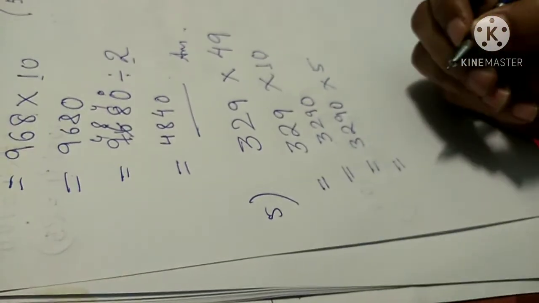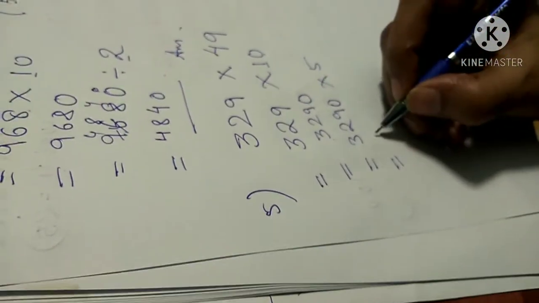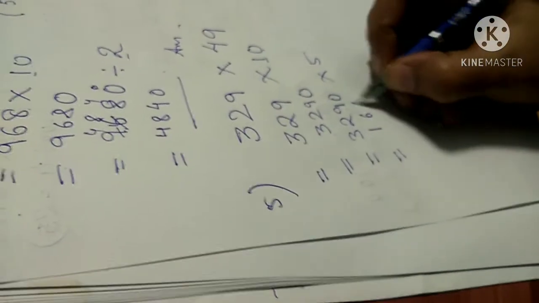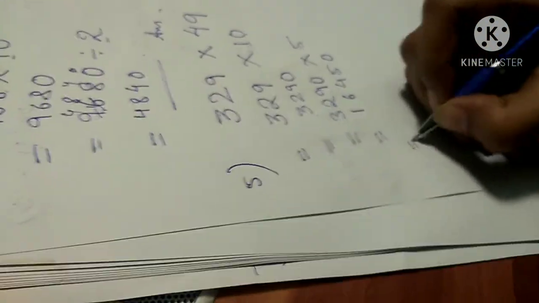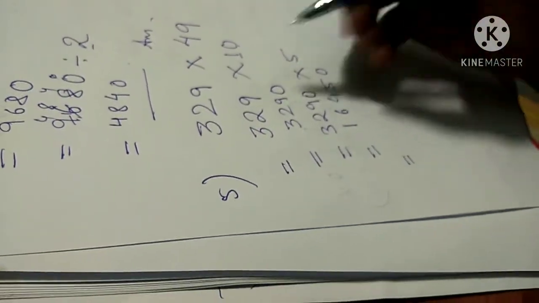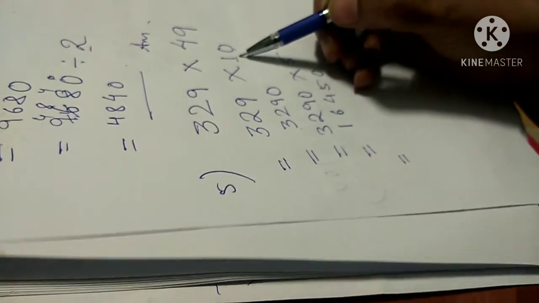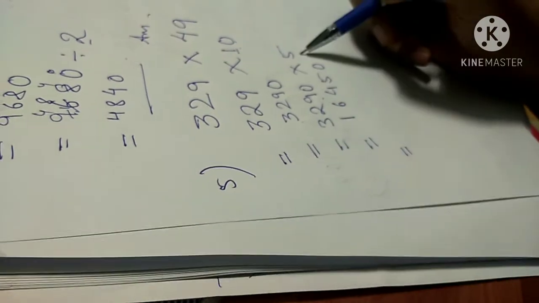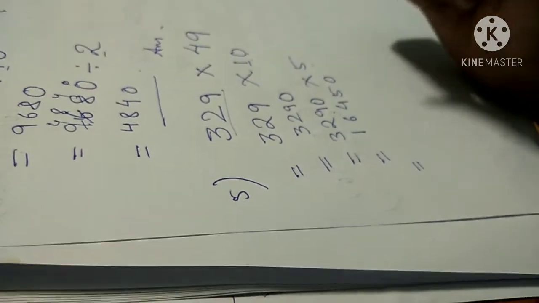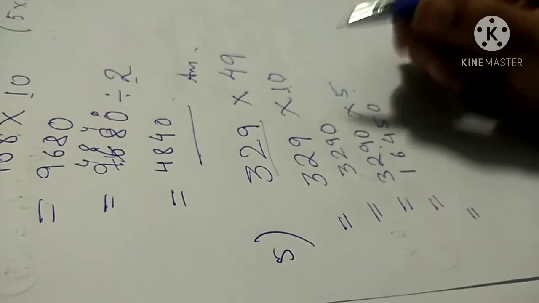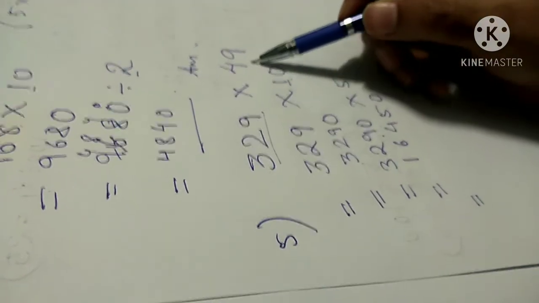Okay, so multiplying by 5 will give you 16450. Now why have I done this? First I have multiplied by 10, then I have multiplied the product by 5. So basically I am multiplying this number by 50. Okay, and 50 minus 1 is equal to 49.